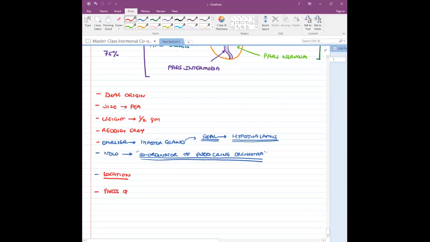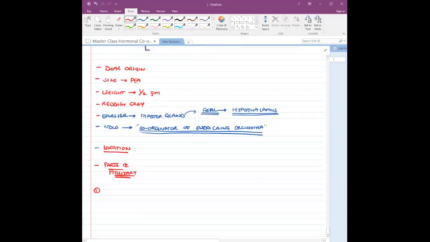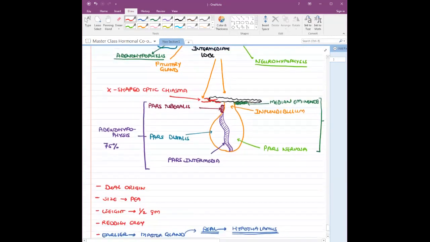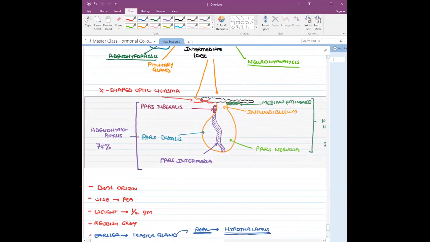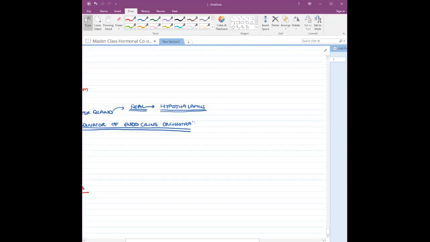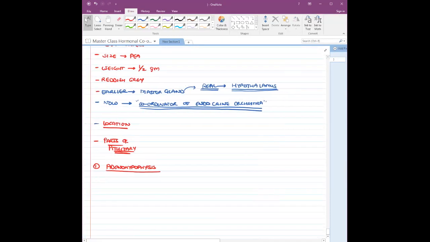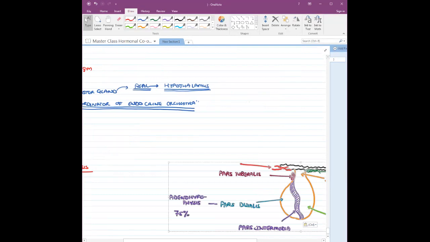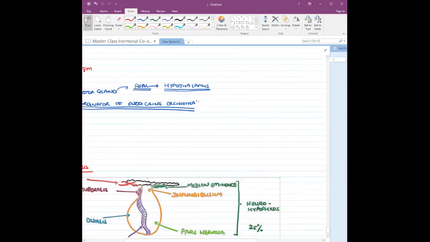Okay, so parts of pituitary. Guys, if you want a quick view of this, I will just take this picture and I will post it down, so that you have a quick recap of where this is going to be.